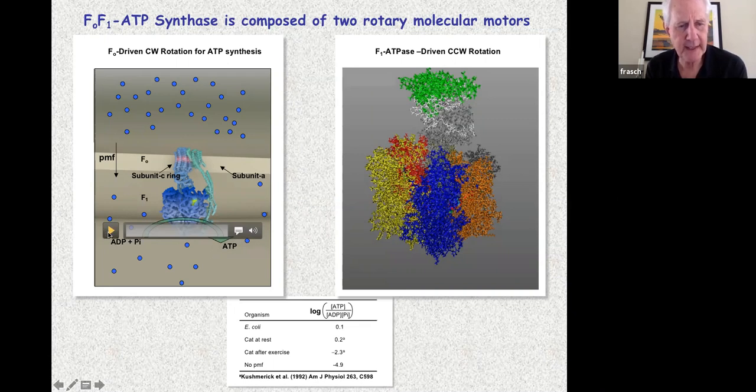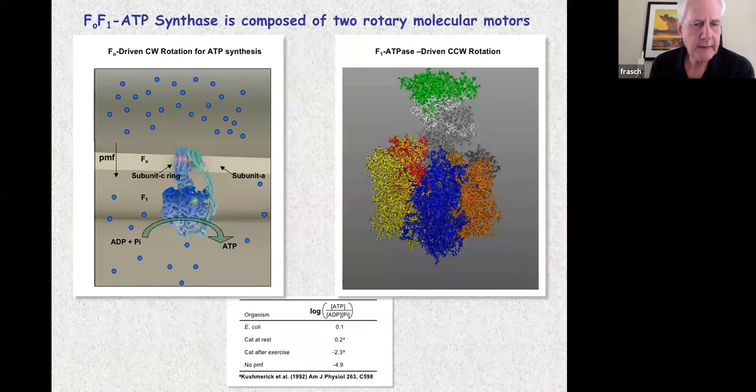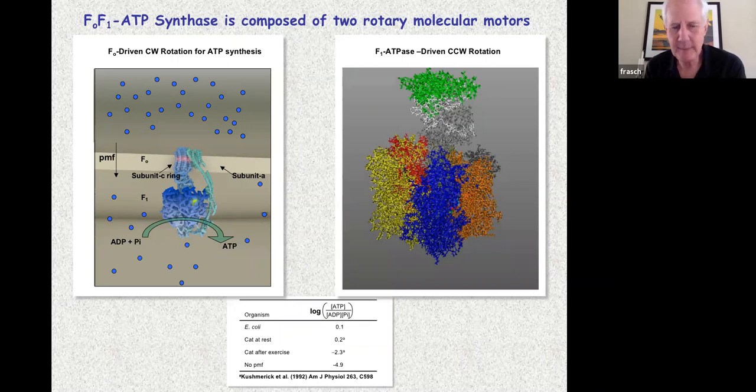And in so doing, it uses that energy to generate torque to rotate the rotor here in FO. And that's attached to the drive shaft in F1, and that rotates inside and changes the conformations of these protein subunits to convert the ADP and phosphate to ATP.